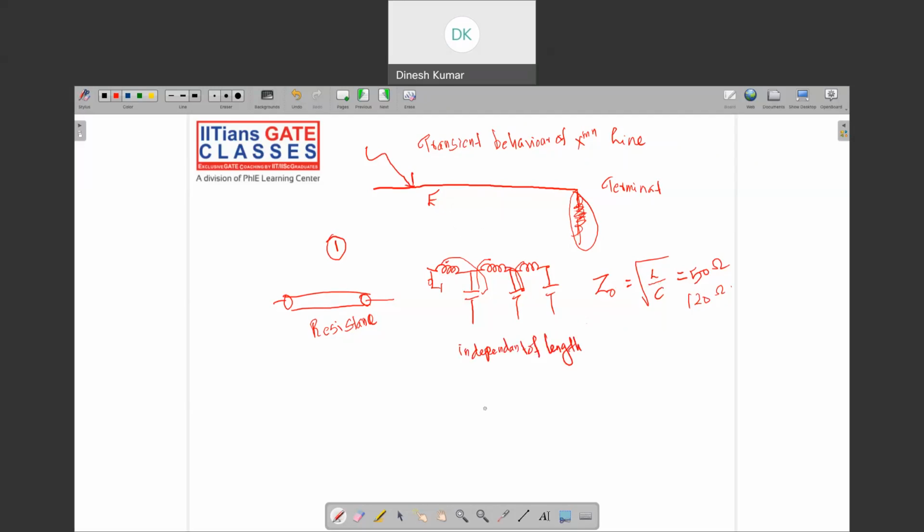Okay, so assume that there is a surge of voltage E coming through a transmission line, and we have some kind of a termination here.